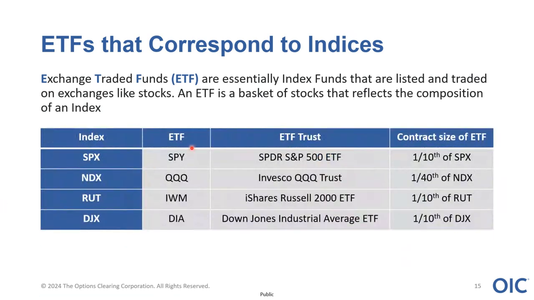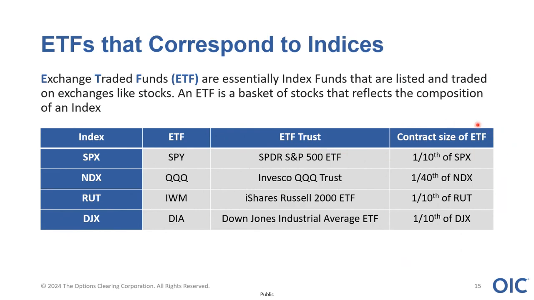In the case of these large indexes that trade in the United States, many of them have corresponding ETFs, and you can see them here. For instance, the SPX has a corresponding ETF, which is the SPY. It's managed by the trust, the SPDR S&P 500 ETF Trust.